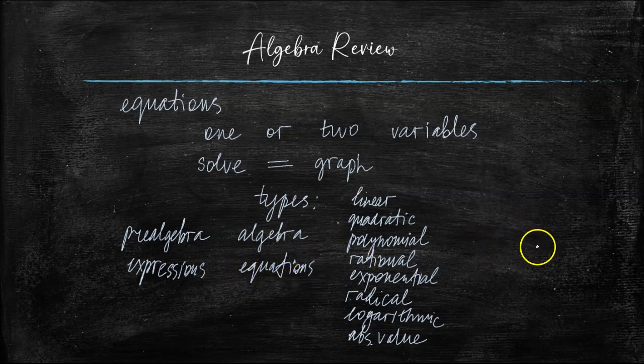But the goal here is to eventually move on to calculus or pre-calculus. And in pre-calculus, this is going to be the same classification that we would apply to functions. So the sooner you learn it, the sooner you become familiar with these words, the better.